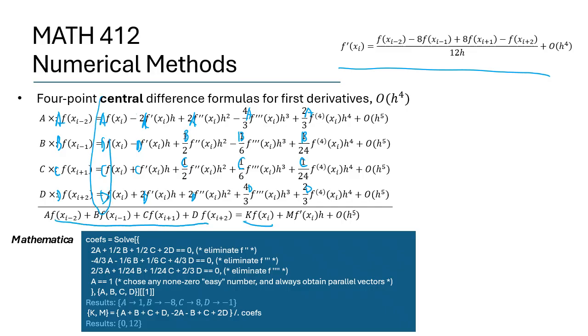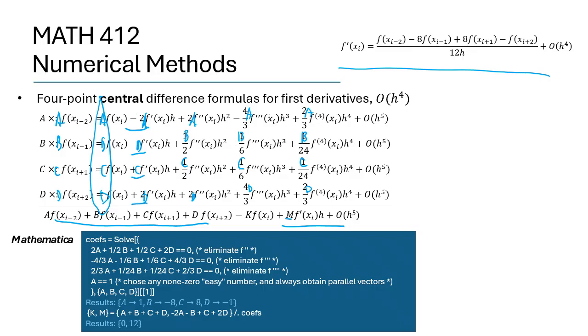This term we don't know whether it will be eliminated or not. It doesn't matter. The coefficient for f of xi is k, actually a plus b plus c plus d, right? That's k here. And this f prime term must survive. How about its coefficient? We don't know, and then we know it's negative 2a minus b plus c plus 2d. That's m.